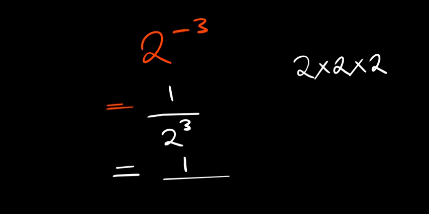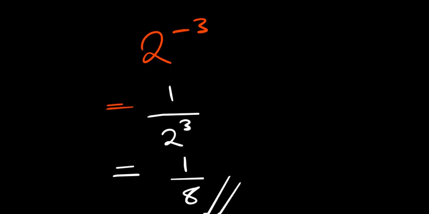Since it's giving me an 8, I'm going to write the 8 where there is 2 to the power 3. So the answer will be 1 over 8. Basically that is how you solve most of these indices.